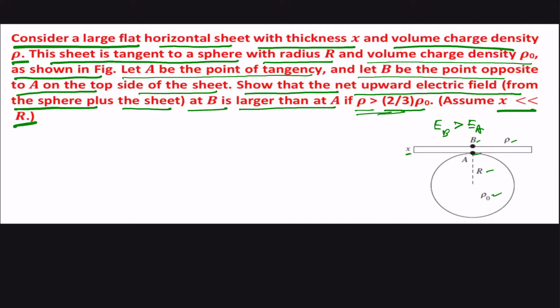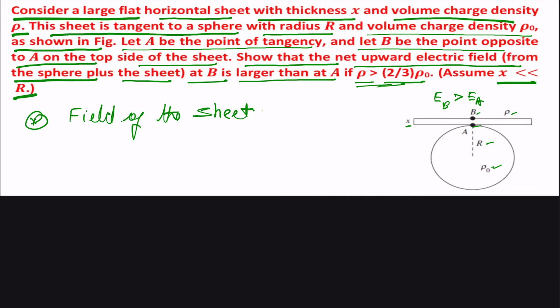So we can say that field of the sheet, and the sheet is given to us as a thickness of x, and rho is its volume charge density.